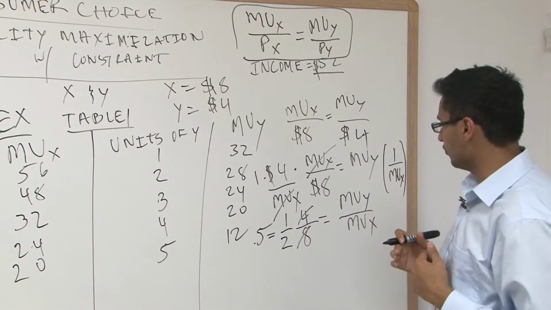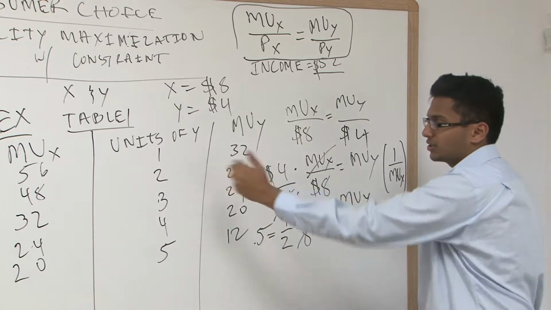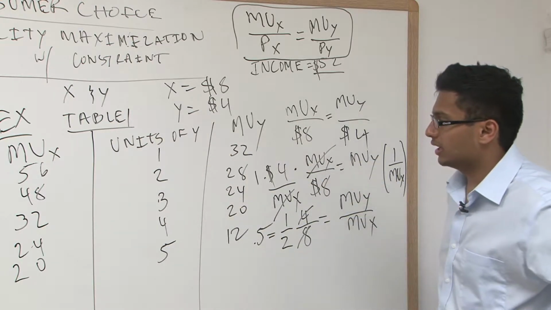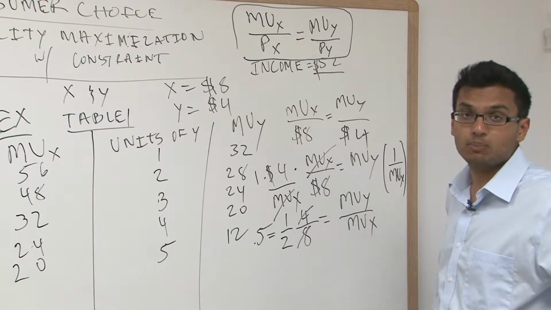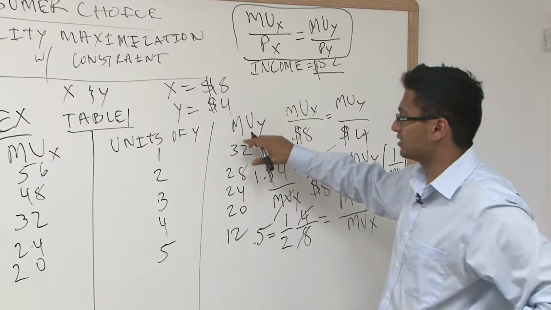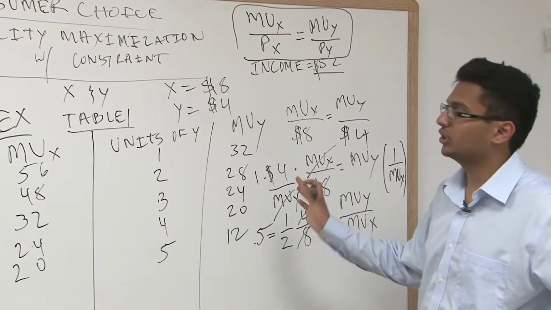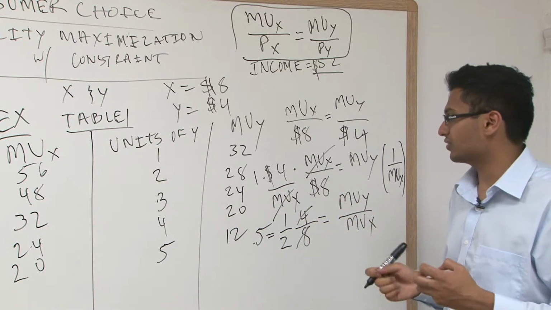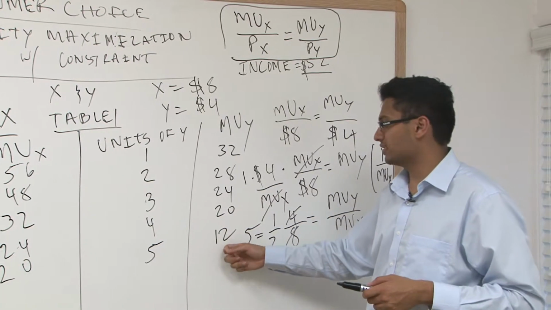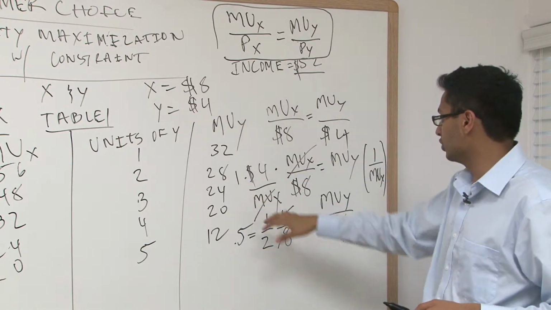So just looking over it, I have MUY over here and MUX over there. Do you see anything that makes 0.5? Basically, this row over this row should equal 0.5. By looking at it, 32 over 56 is not 0.5, nor is 28 over 42, but you can kind of guess.